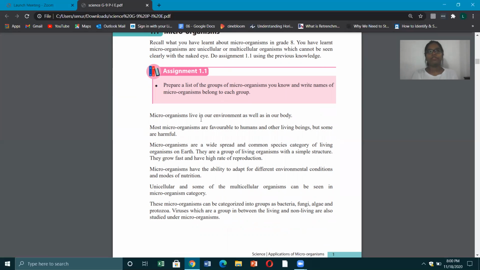When we talk about microorganisms, they are literally everywhere. We have bacteria inside our body, and microorganisms can be there inside your tea as well. If you keep your morning tea open for even a few seconds, you can see flies coming and flying around your tea, and you will just shoo them off.